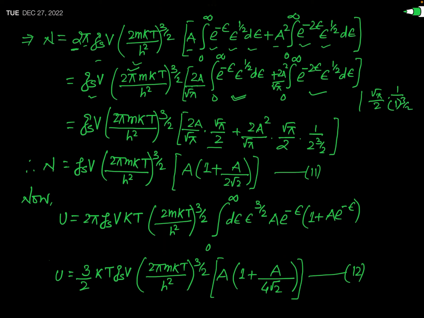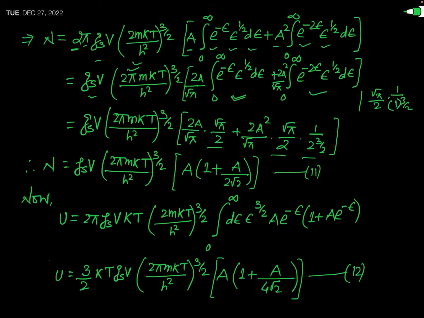Okay, plus 2a square by root pi and the integral of e to the power minus 2 epsilon, epsilon to the power half from 0 to infinity. By the same concept of gamma function, its integral is root pi by 2 into 1 by 2 to the power 3 by 2.